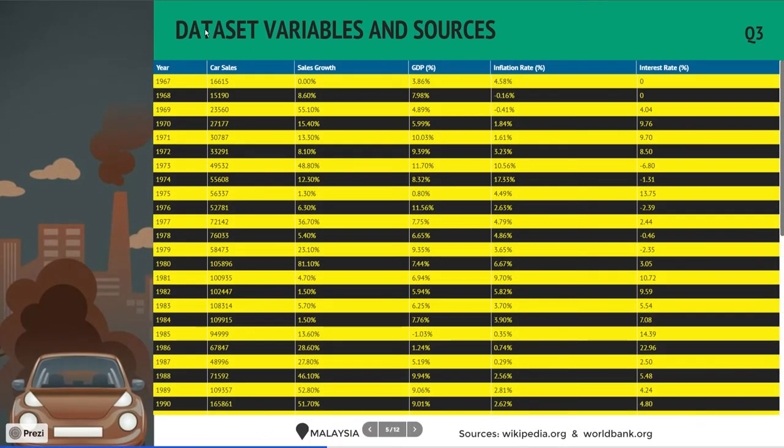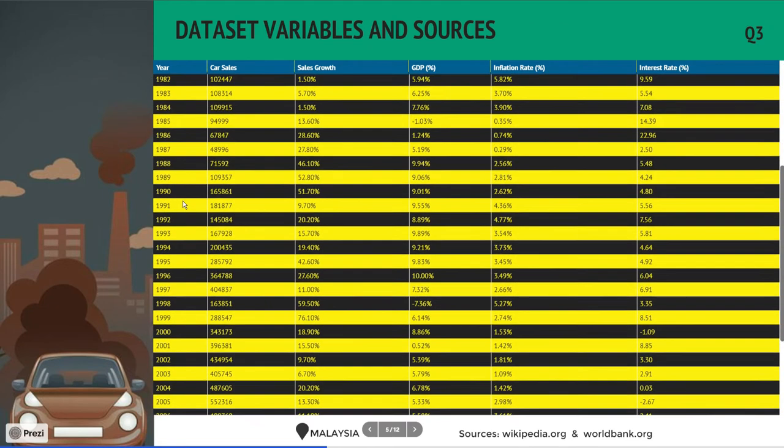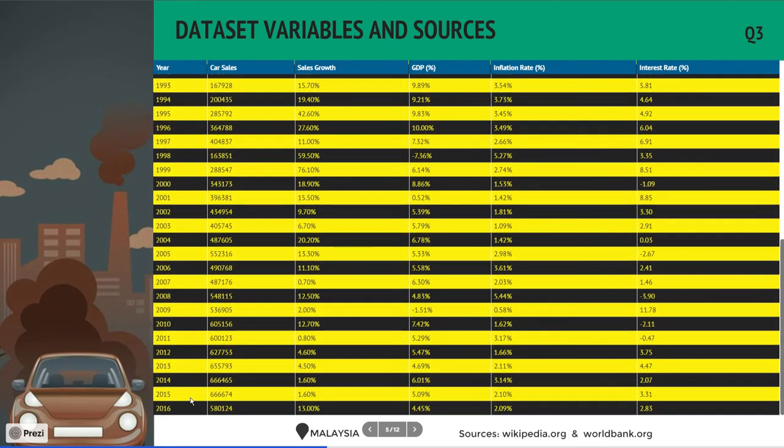So here is my dataset variables and sources. To conduct this research paper, I have collected data from wikipedia.org and worldbank.org, which consist of a total of 6 variables: car sales, sales growth, GDP, inflation rate, interest rate, and the year from 1967 to 2016.